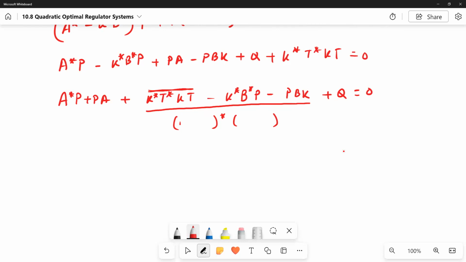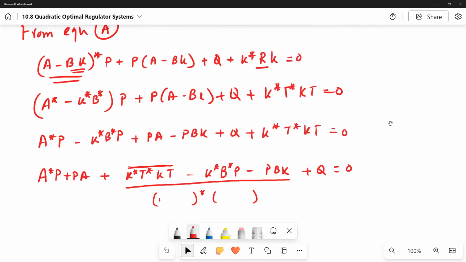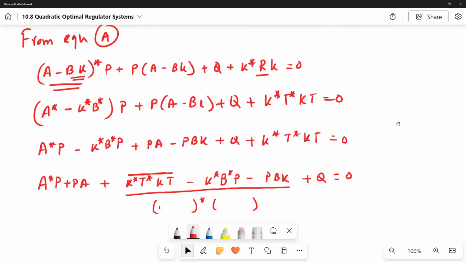Okay, so somehow I think I made a mistake. No, the order is important, as I said. Somehow the order has not been maintained here. That is why, if you make any mistakes, you'll see that the final outcome is not coming as expected. That is why order is important.